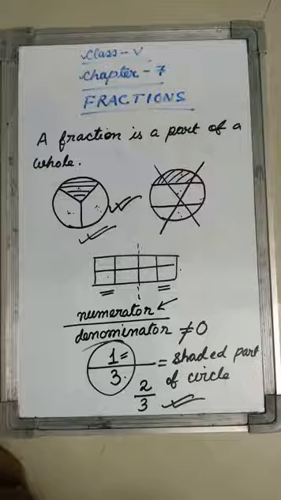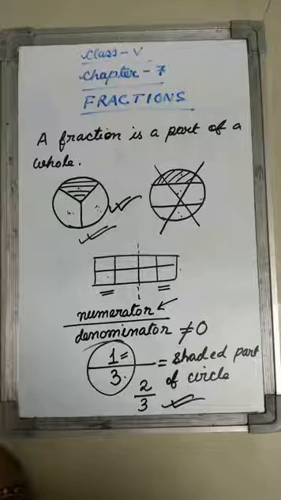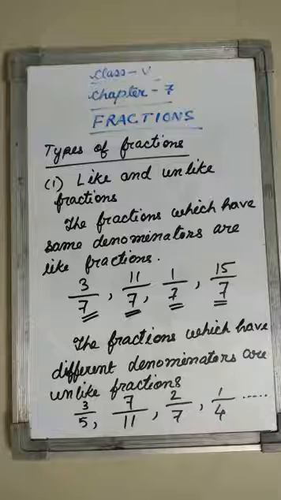We shall go through some different types of fractions. Now we shall study types of fractions. The first type is like and unlike fractions. The fractions which have the same denominators are like fractions.